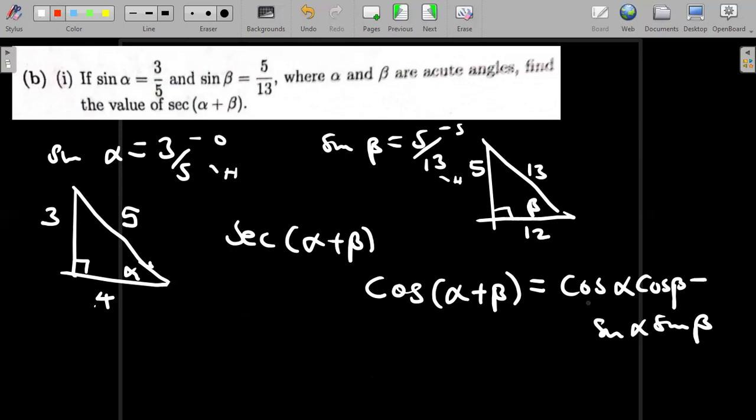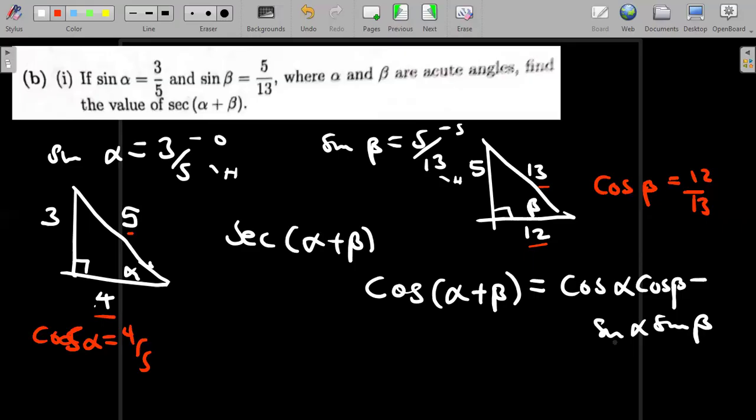Cos is just adjacent over the hypotenuse. Our adjacent is 4, our hypotenuse is 5, so cos alpha is 4 over 5. Then cos beta, adjacent 12 over hypotenuse 13, so cos beta is 12 over 13.